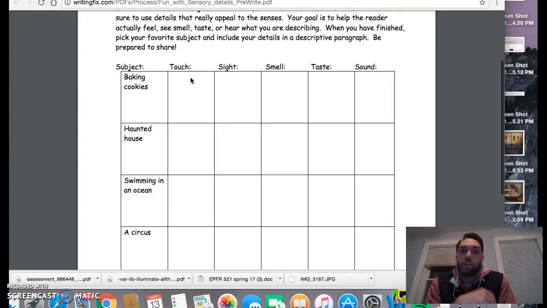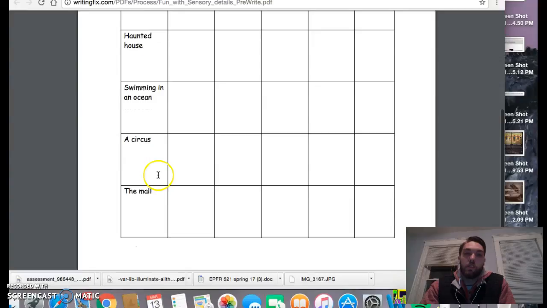What do you taste? Right? I taste the sweet sugar slide down my throat. What do you hear? I hear the crunch as I bite through the corner of the cookie. Okay, that's what you're going to try to do. That wasn't a great example. You guys can probably do even better than that, but just off the top of my head, that's basically the idea of what you're going to be doing for each of these.